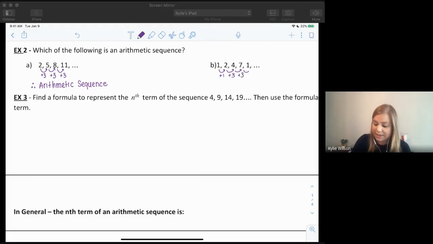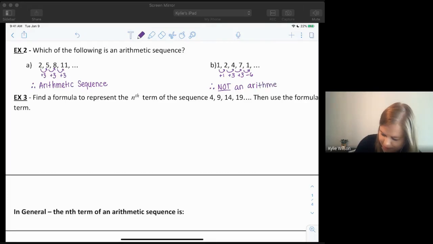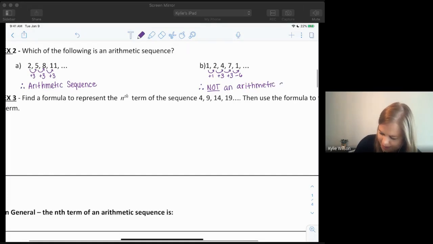And then to get from 7 to 1, I'm going to subtract 6. So because we're not adding or subtracting by a constant number, that means this is not an arithmetic sequence. So I'll say, therefore, this is not an arithmetic sequence.